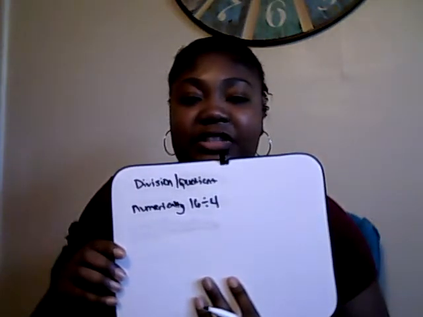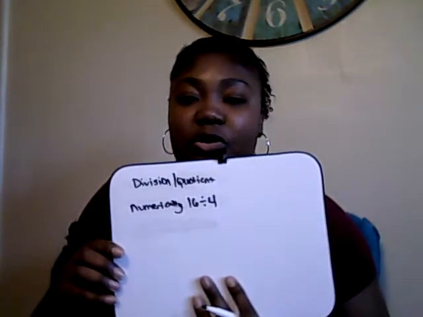And the last one is division. Another term for division is quotient. Numerically, we will have 16 divided into 4, and it'll be written just like this for division or quotient.